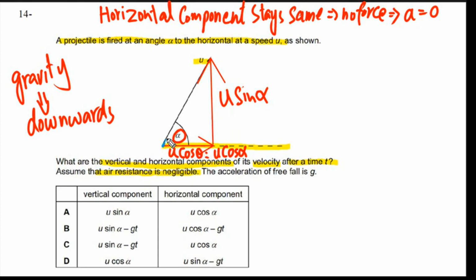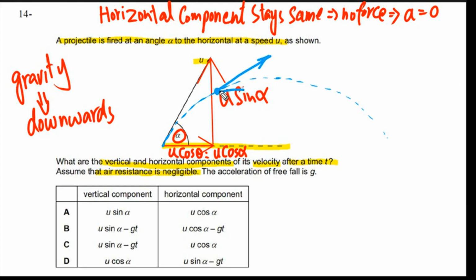Now next thing, when we fire this ball, it will follow a trajectory somewhat like this. Let's say after time t at this point we need to find the velocity. The velocity will be like this at this point.